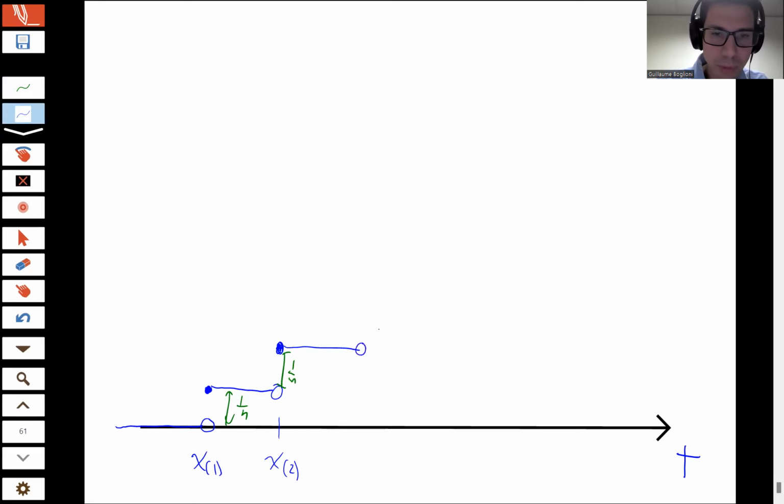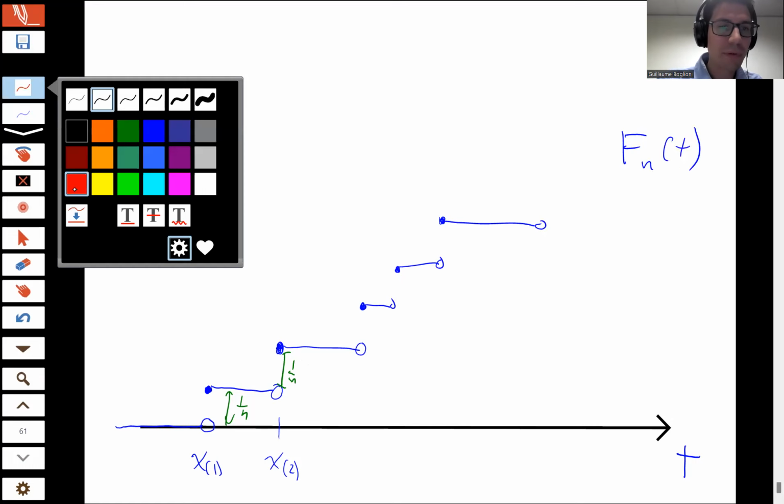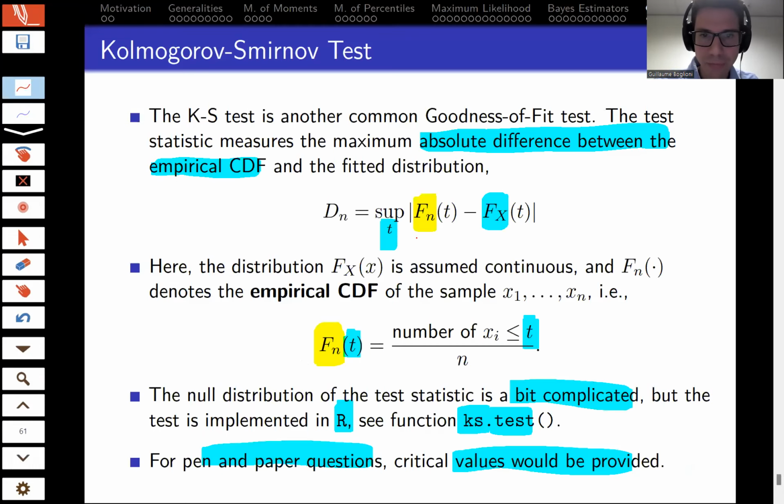Maybe you have in succession a few points that are close, and the jumps should all be of the same size, but I think you get the idea. That's an illustration of Fn of t.